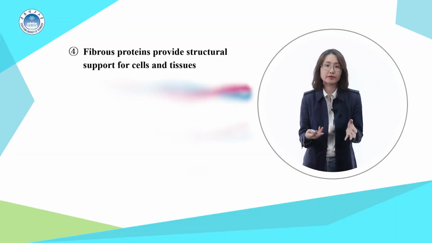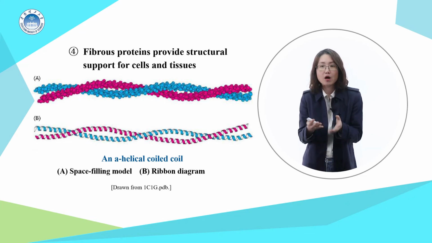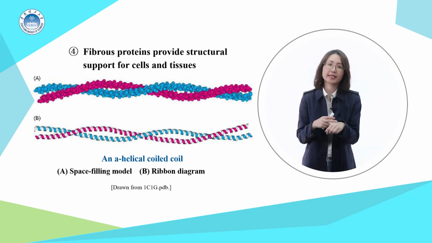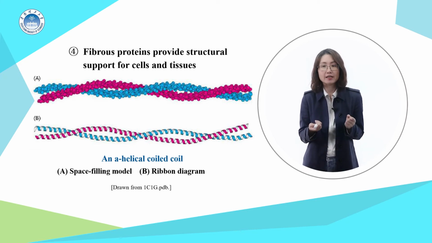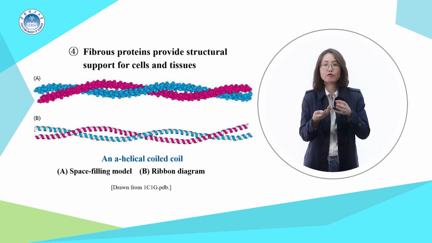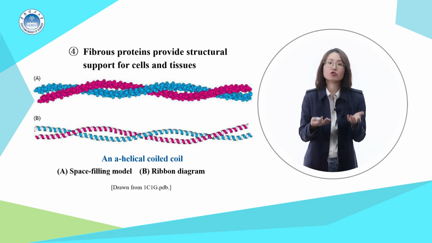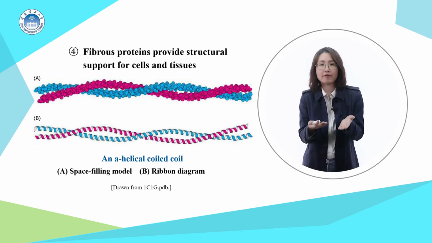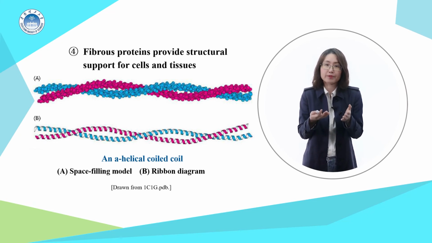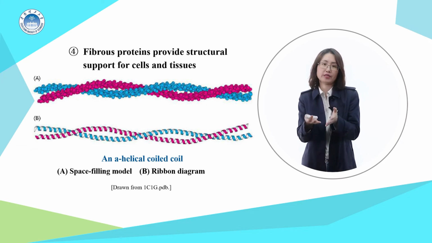Alpha keratin, which is an essential component of wool, hair, and skin, consists of two right-handed alpha helices intertwined to form a left-handed superhelix called an alpha-helical coiled coil. So this protein is a member of a superfamily of proteins referred to as coiled-coil proteins.